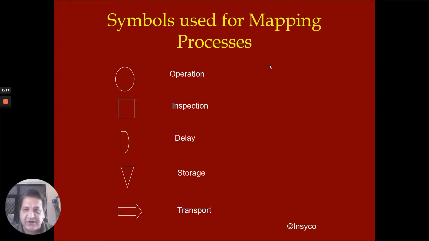A circle stands for operation, a square stands for inspection, D is a delay, V stands for storage, and the arrow for transport. These are the symbols used in industrial engineering for mapping processes. In order to map any process, if you use these 5 symbols, you can make an effective process map. And for process innovation, process mapping is vital.